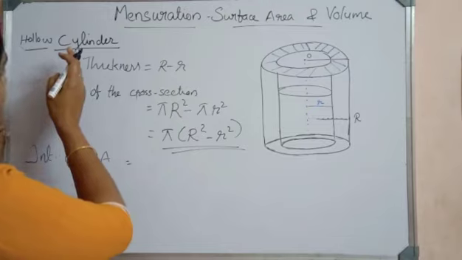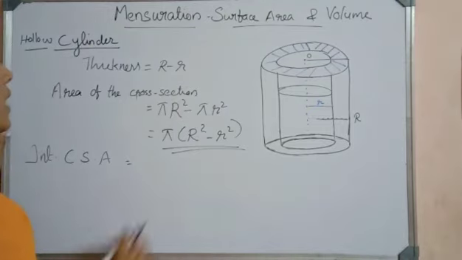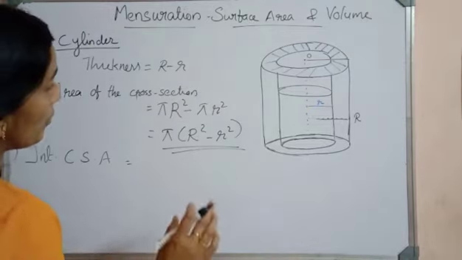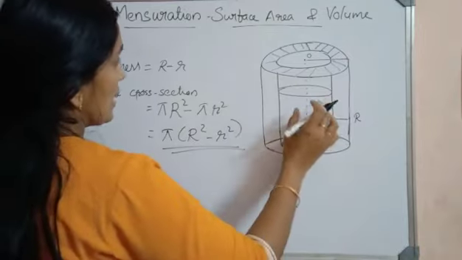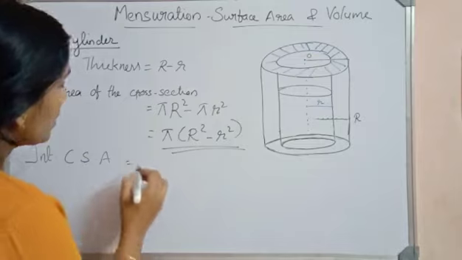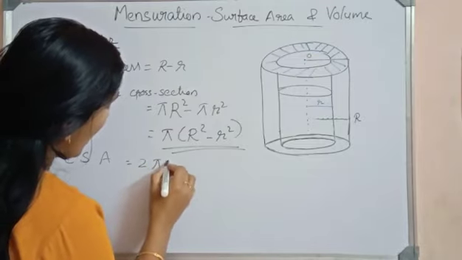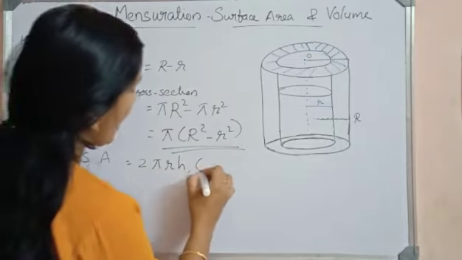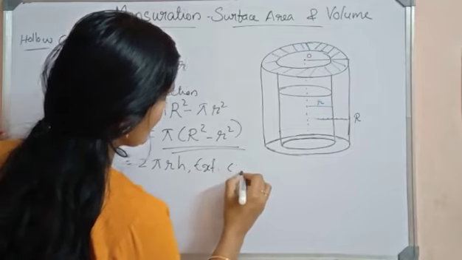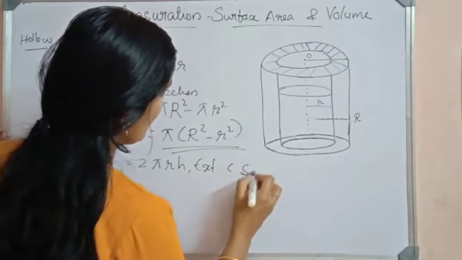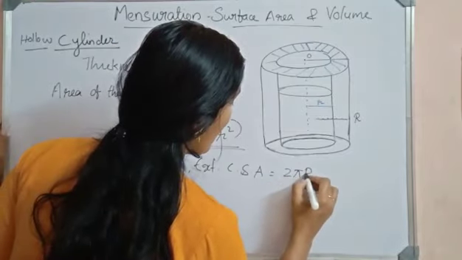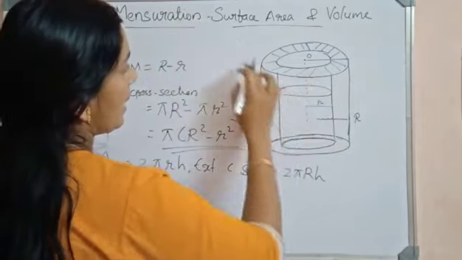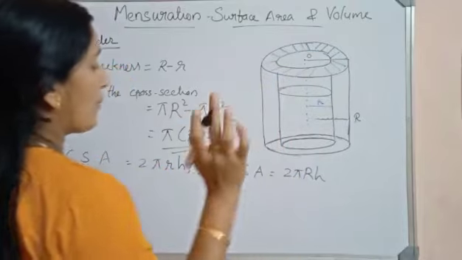In the previous case we have seen that for a cylinder the curved surface area is 2 pi r h. Here for the internal curved surface area, the radius is small r, so it is 2 pi r h, and the external curved surface area is equal to 2 pi capital R h. Here the radius of the external circle is capital R.